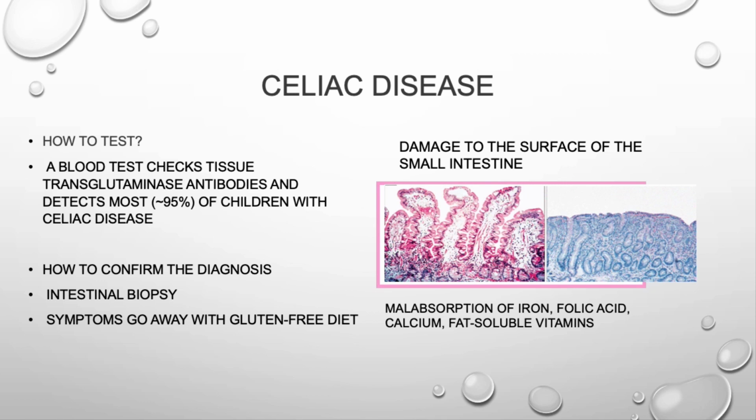But if you have celiac disease, you may end up with a situation where all of those structures are completely flat. So you don't have any ability to absorb the nutrients that you need, and you end up with malabsorption of a number of vitamins, folic acid, iron, and other nutrients. So that's very detrimental to your child's health.